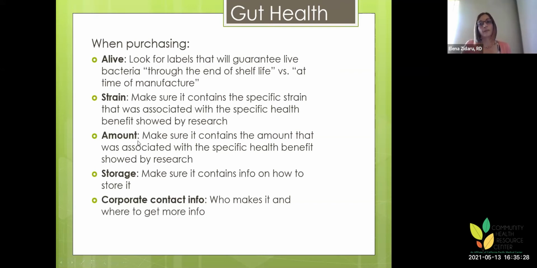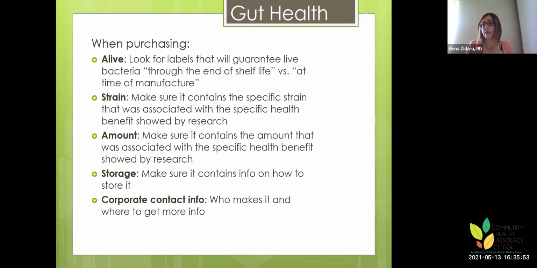Amount, again, you want to make sure it contains the amount that was associated with the specific health benefit. A lot of research studies will tell you, let's say between 5 to 10 billion colony forming units, or CFUs, has been shown to help with this condition. You want to make sure you're taking that amount as opposed to something that's less.